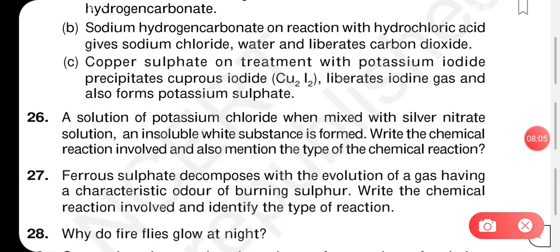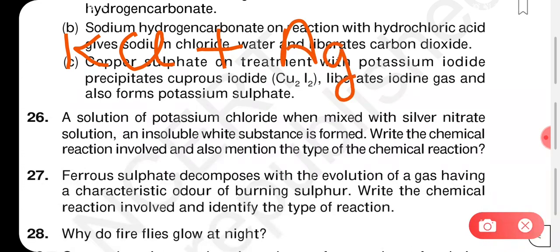So in this, let us write the reaction first. Potassium chloride is written with the potassium symbol K followed by chloride Cl, so it becomes KCl, reacting with silver nitrate, where the silver symbol is Ag, so AgNO3 is silver nitrate. When they react, what will it give?